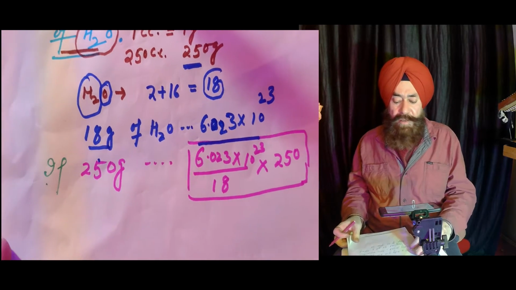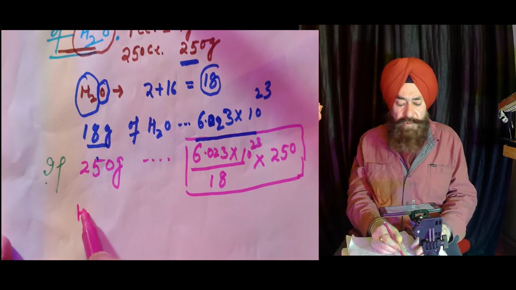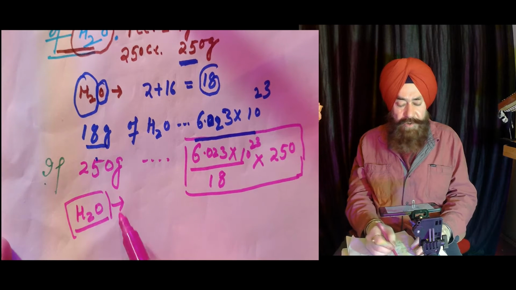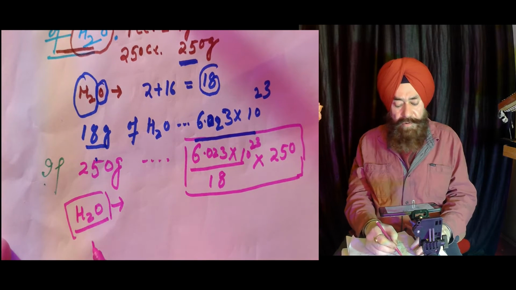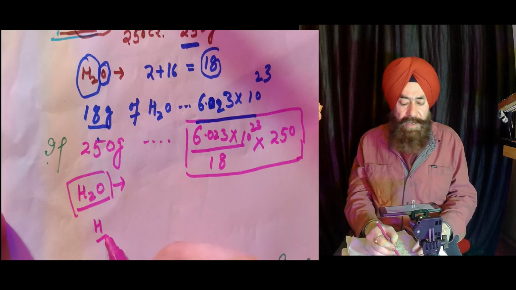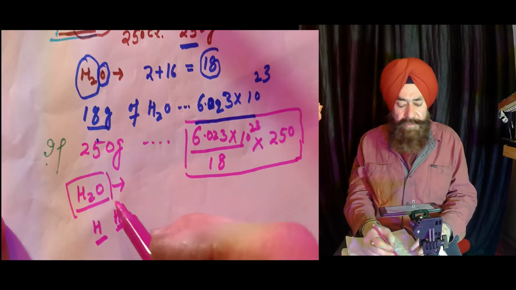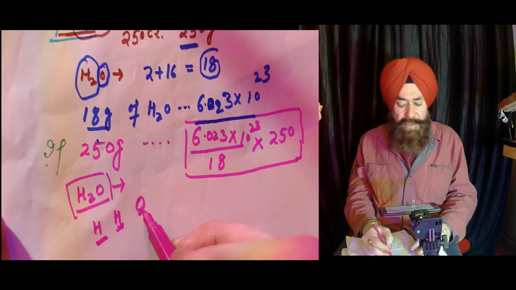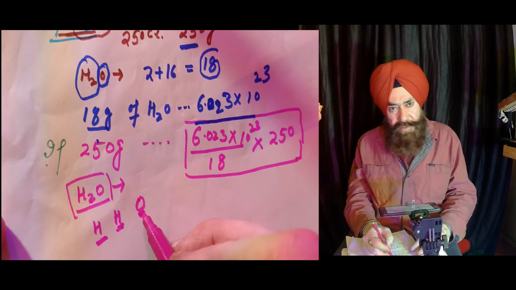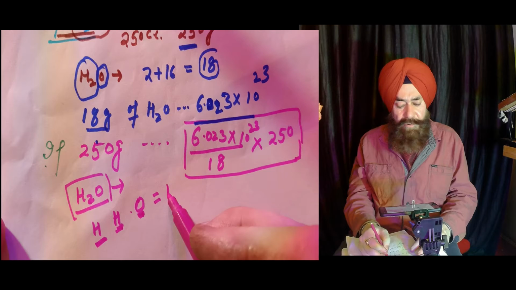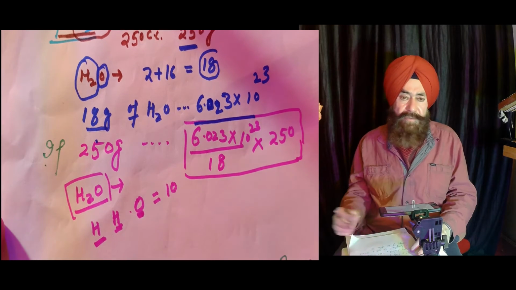Okay. Now one H2O molecule contains how many electrons? H contains 1 electron, the second H contains 1 electron, oxygen contains 8 electrons. The number of electrons equals 10.